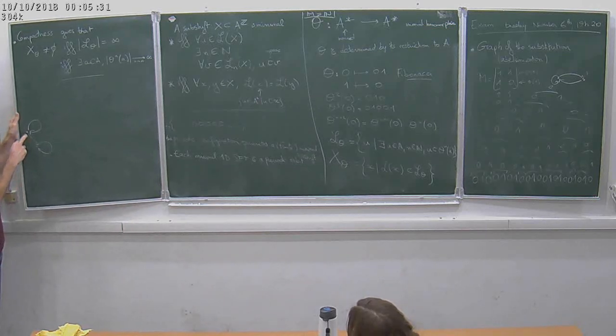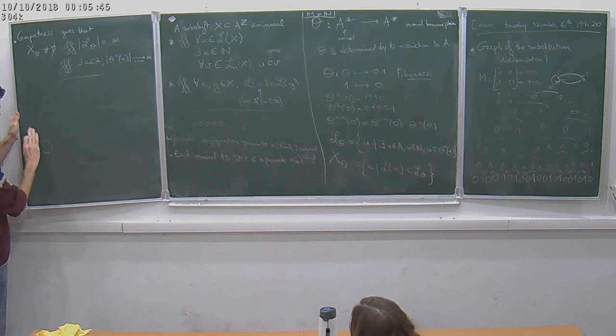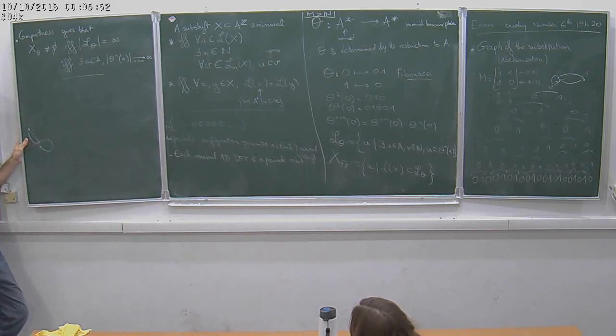If I have one vertex with two outgoing arrows, like this, do you think this will have this property also? So 0 gives 1, 1, and 1 gives 1.